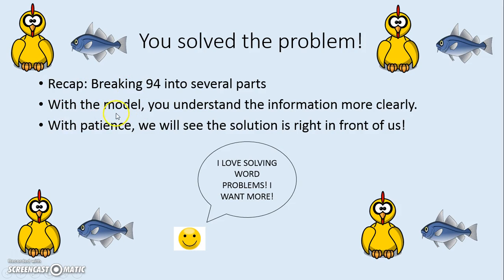But with the model, you suddenly see that you only need to focus on the information at hand. So with the model, you will see that it is much simpler to understand what the information is. And then with a little bit of patience, you will see that the solution is actually right in the problem.